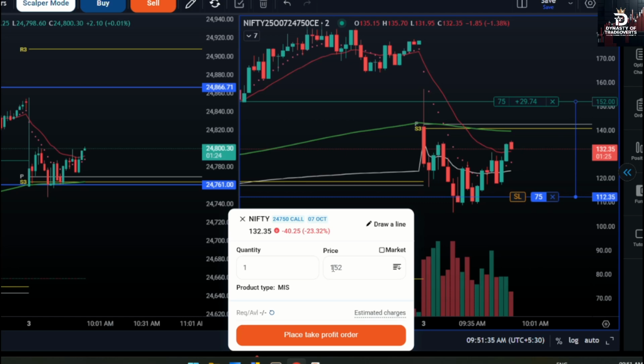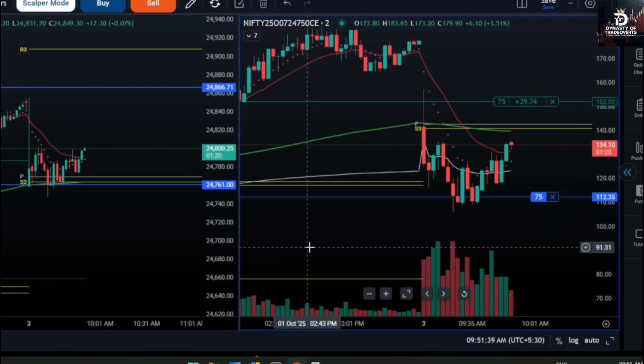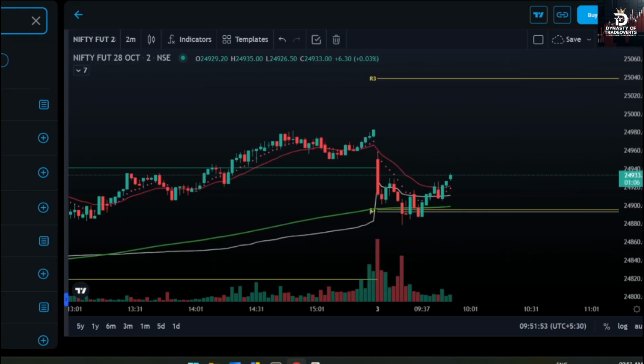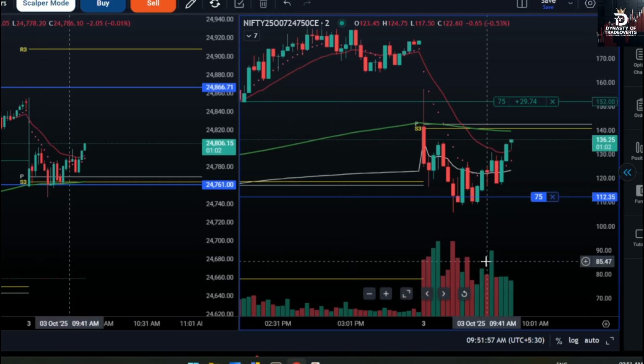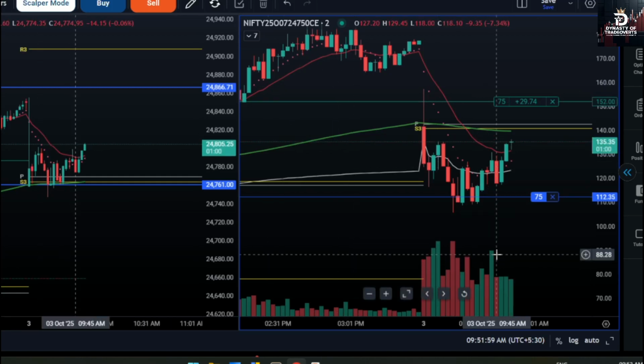Finally, I mustered some courage and placed my stop loss at 152. Like you can see on the chart, the target order is there, and Nifty is crossing 24,800, which is a round number. If it crosses and closes above that round number, then I can expect another 20 points move at least. That's what I'm hoping for.